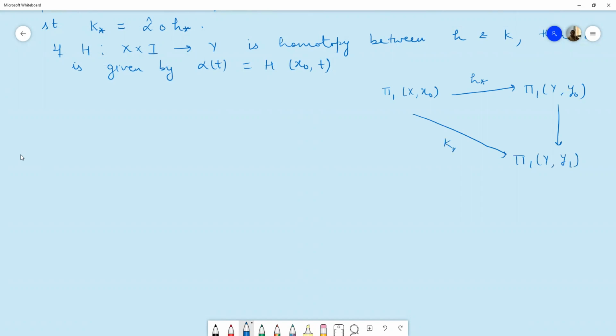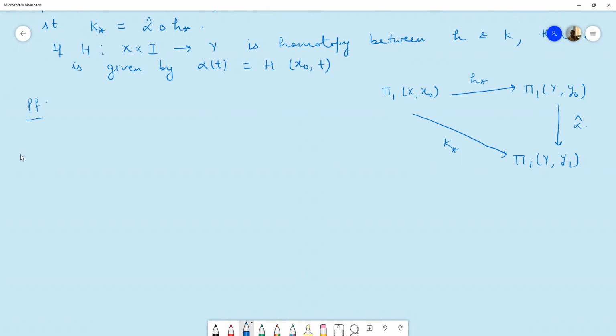And now this is k star, because k is a mapping from x to y, which maps x naught to y1. Now this is alpha cap, because alpha is a path from y naught to y1. The alpha cap is the homomorphism induced by alpha from the fundamental group of y with respect to y naught to the fundamental group of y with respect to y1.